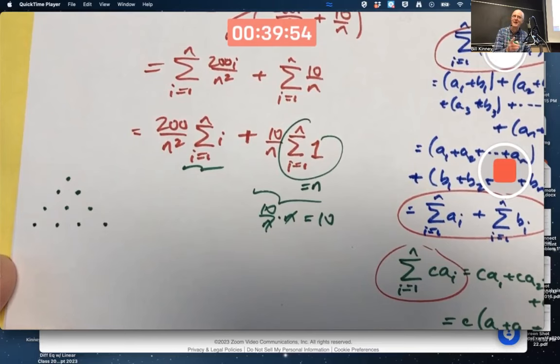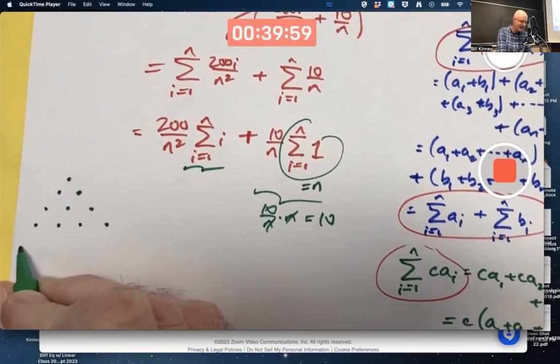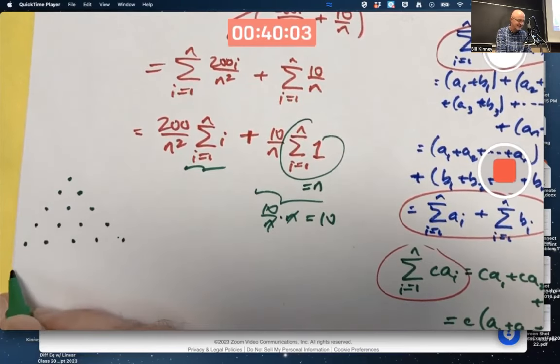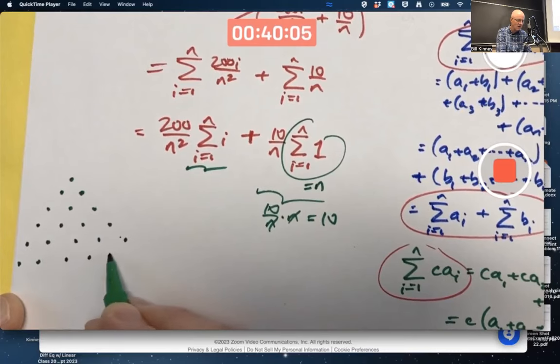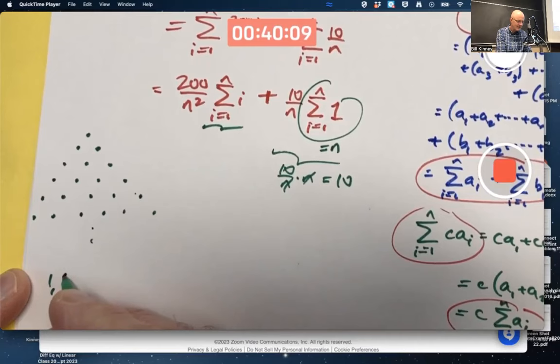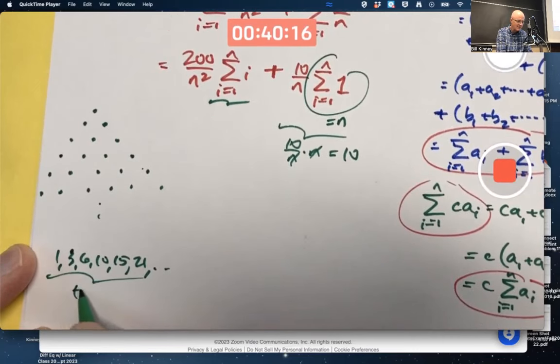I was having trouble remembering what n was for bowling for a minute there. If n is 5, you've got another 5 dots, bringing you to a total of 15 dots. n is 6, got 6 more, bringing you to 21. The numbers 1, 3, 6, 10, 15, 21, etc. These are called triangular numbers.